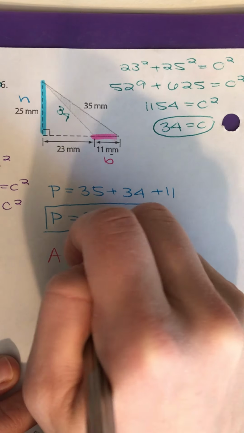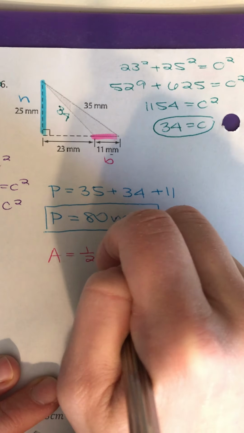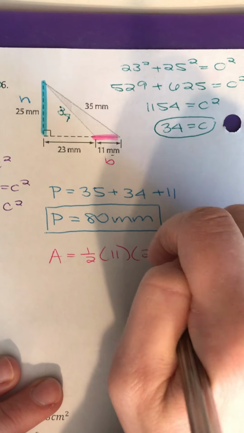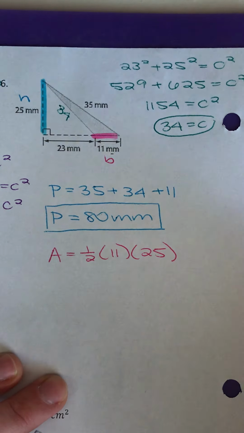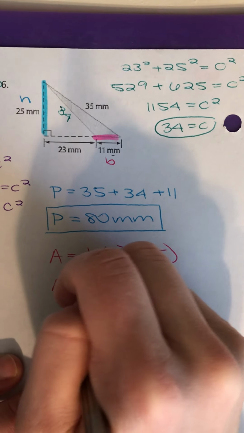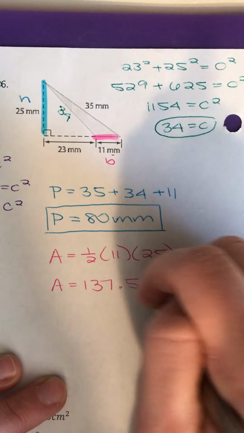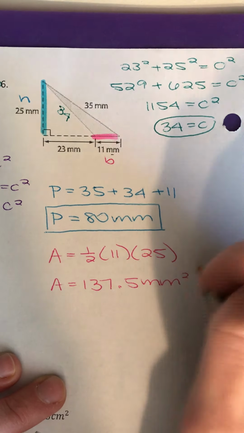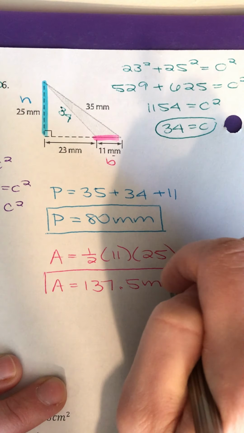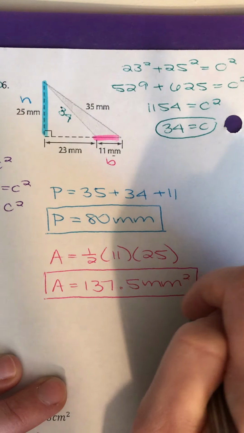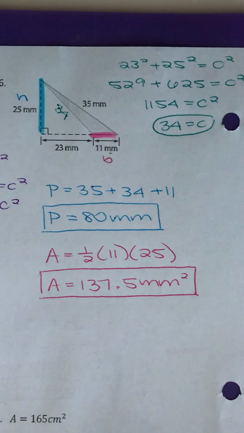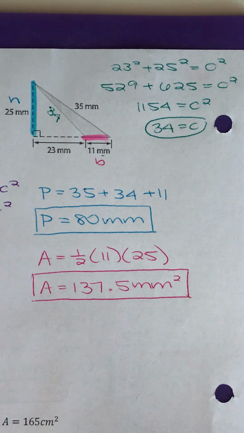My area is 1/2 my base times my height, which is 137.5. So we're all done with these problems. We're going to move to the bottom now.